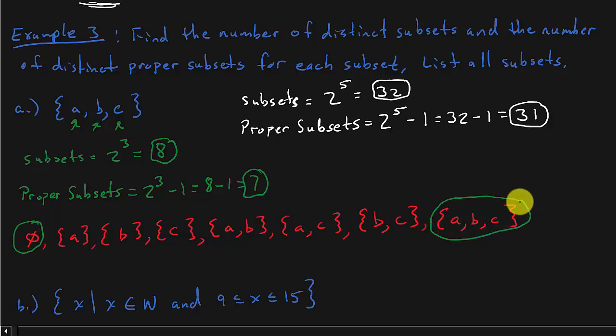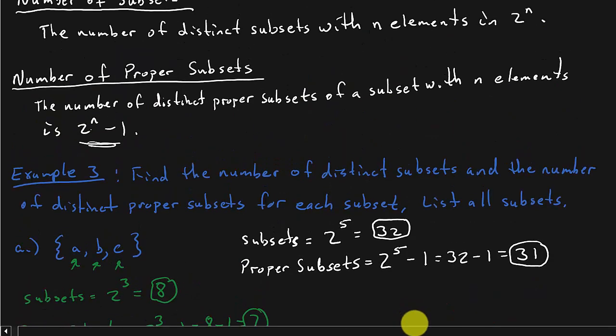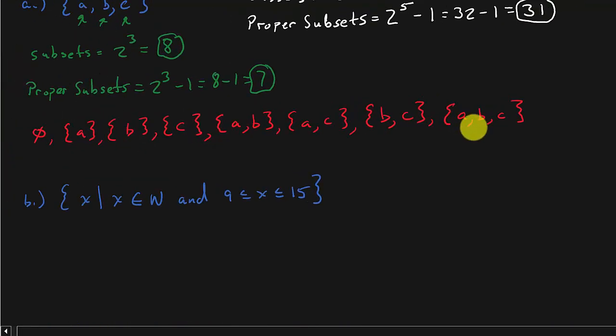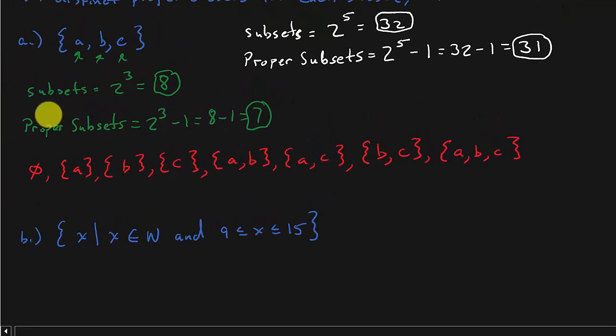Okay? Now, just writing this out like this, I think this might help you see why the number of proper subsets is this formula and the number of subsets is this formula. So if you look at this, the proper subsets is 1 less than the number of subsets.